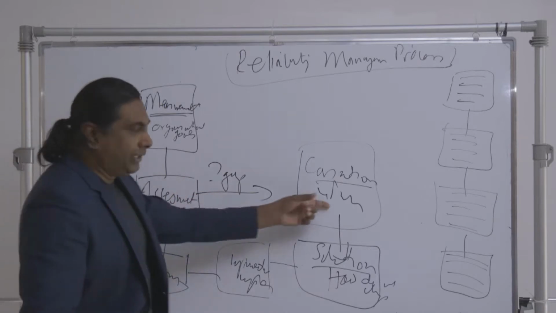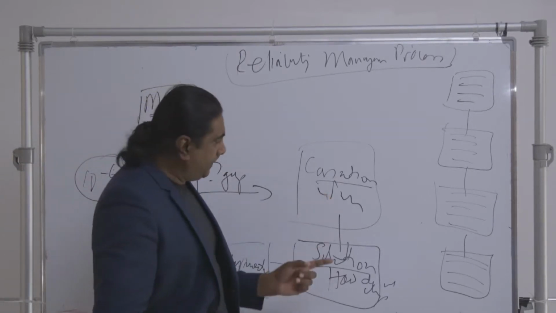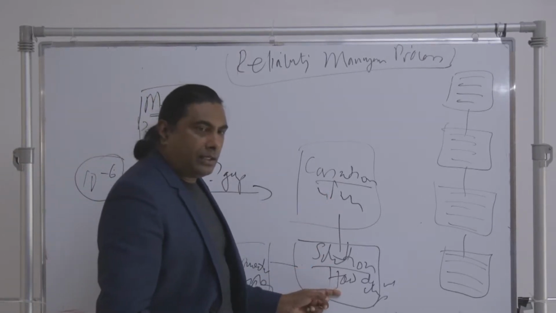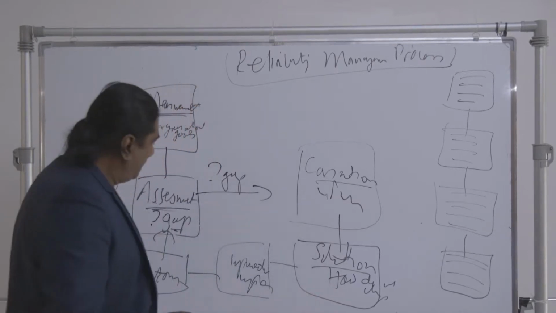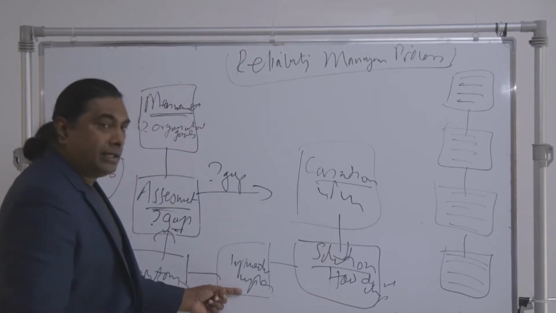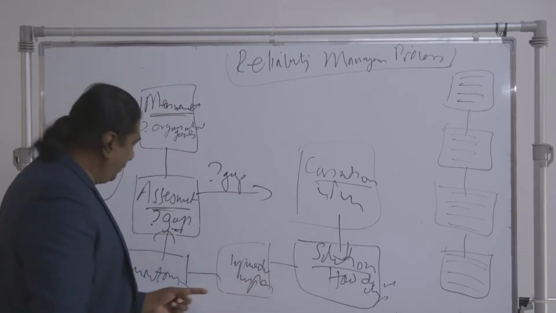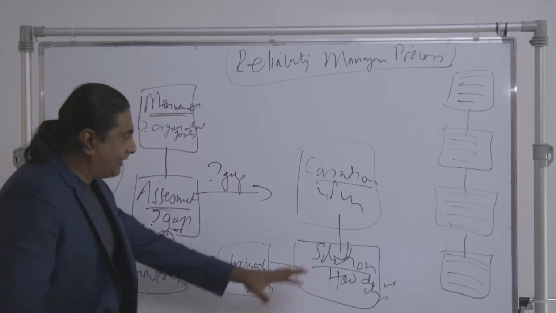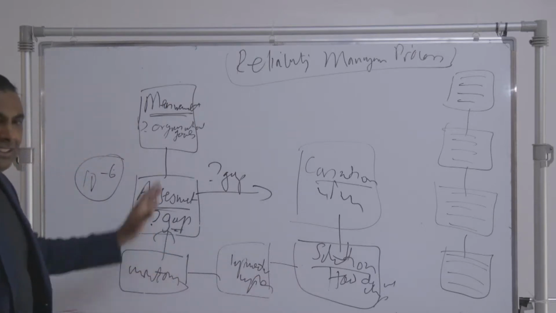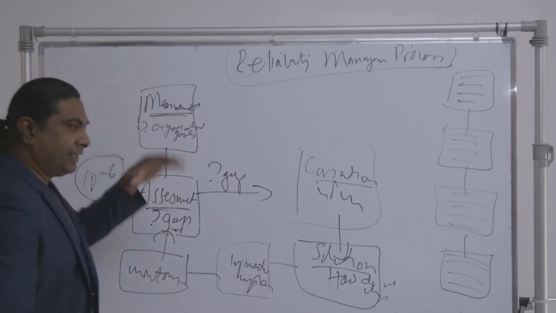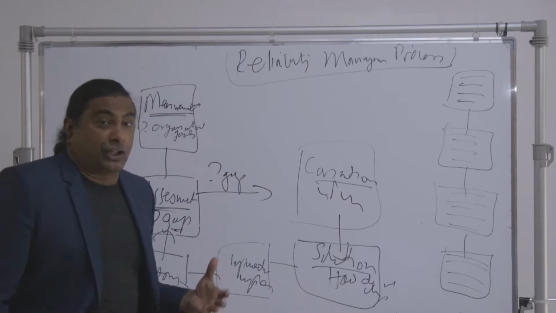If there's a gap, we need to find out what's the causation, and then what are the solutions, and then the implementation of these, how do we do this, and then the monitor. Now some of this you may have covered in other programs. This is not rocket science.